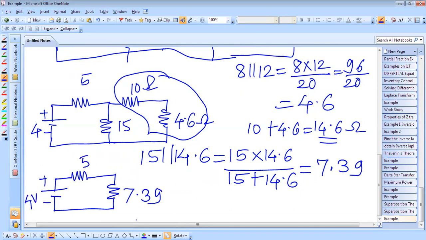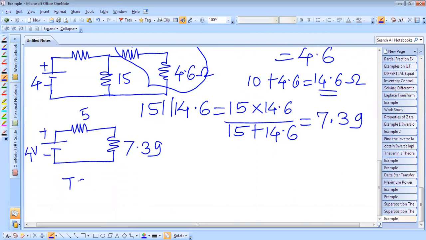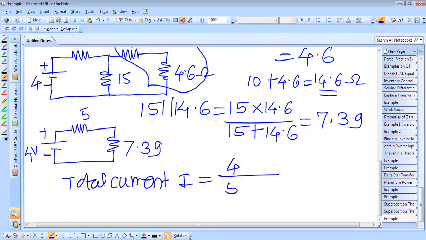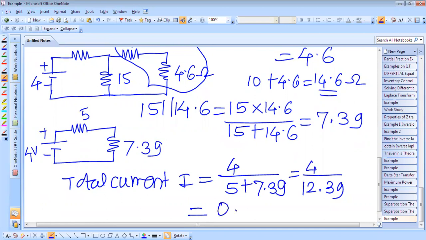Now we can find here the total current: I is equal to voltage upon 5 plus 7.39, is equal to 4 upon 12.39, and this is coming equal to 0.322 ampere.